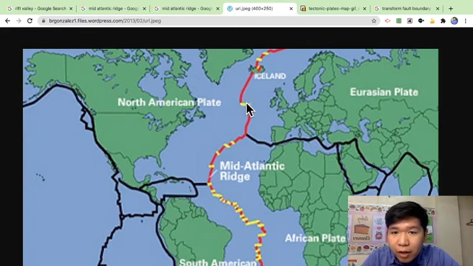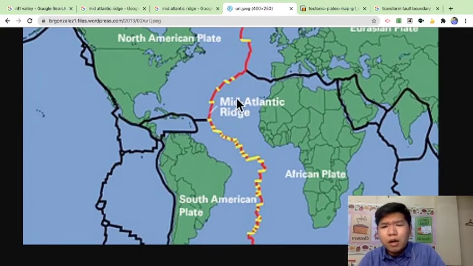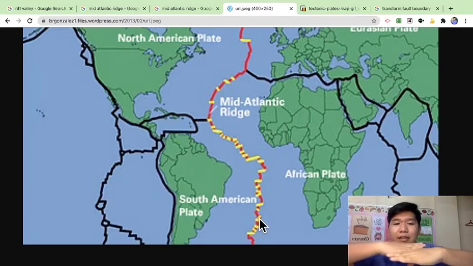So, in this area, these two plates over this boundary are going to move against each other, thus forming this transform fault boundary. And there are a lot and a lot more divergent boundaries that are next to each other, and when they are next to each other, they form transform fault boundaries that grind past each other.